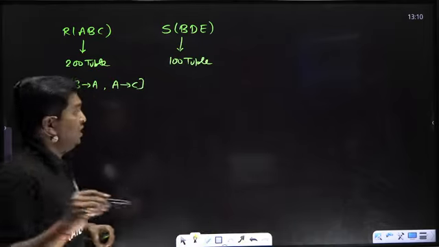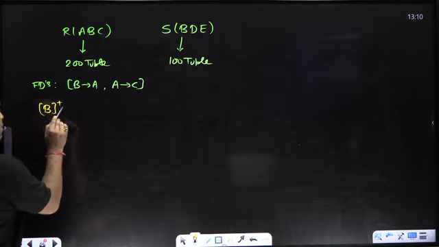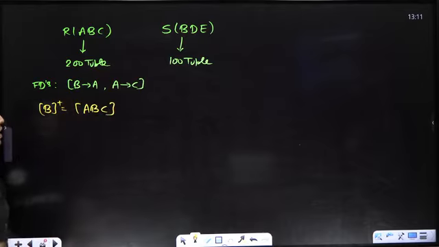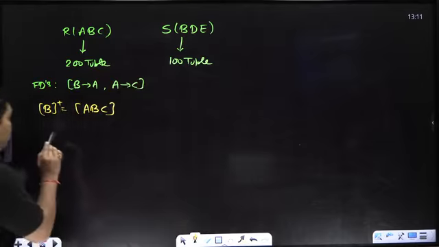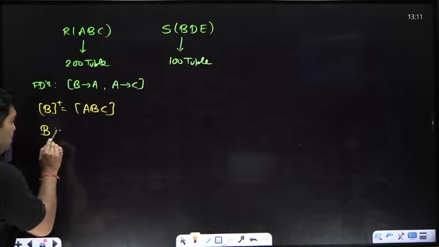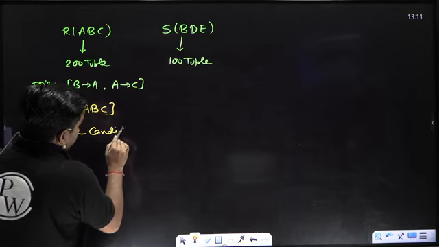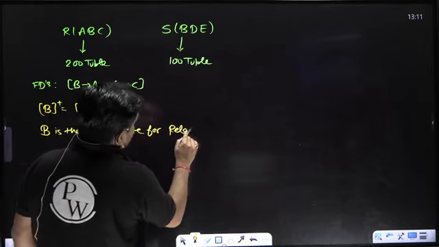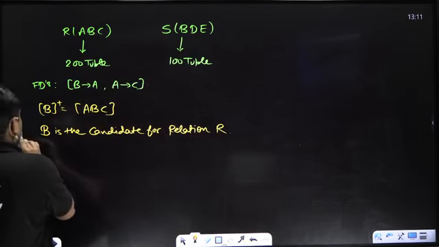First of all, when we take the closure of B, what are we getting? We are getting ABC. So what can we conclude? B is the candidate key for relation R. Why?